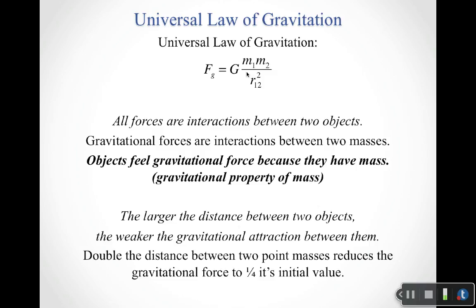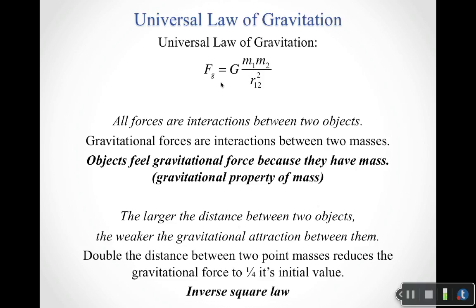Again, this tells us that the larger the distance between the two objects, the weaker the gravitational interaction between them. Notice if I take the distance between masses 1 and 2 and double it, that factor of 2 gets squared, which means the gravitational force will be one quarter of its initial value.